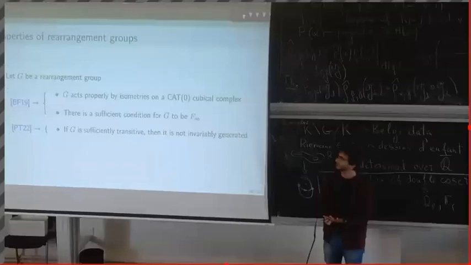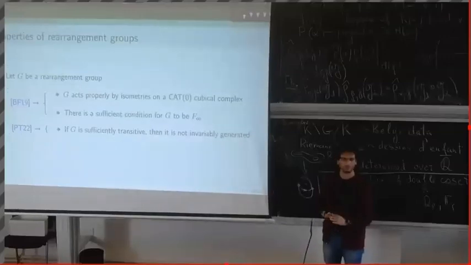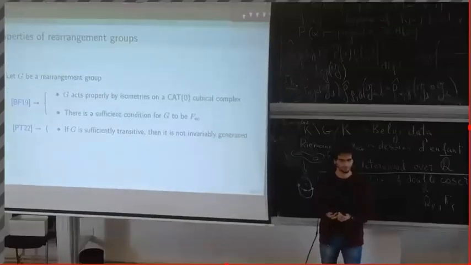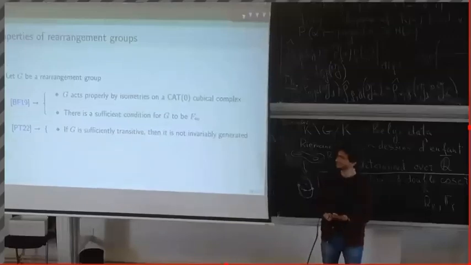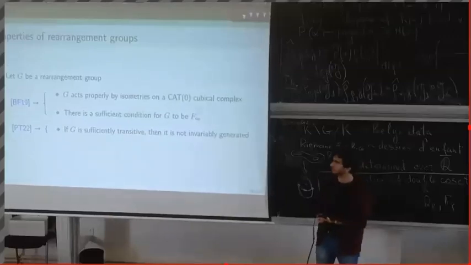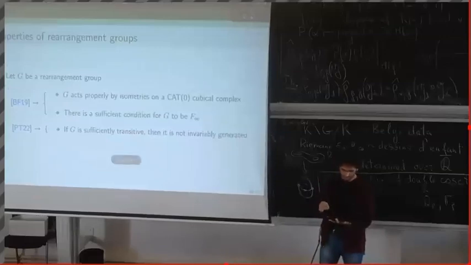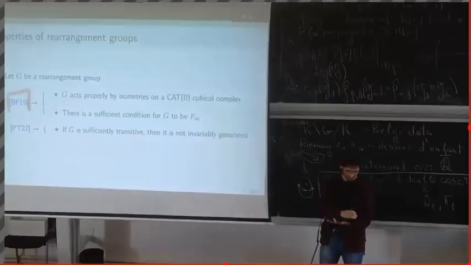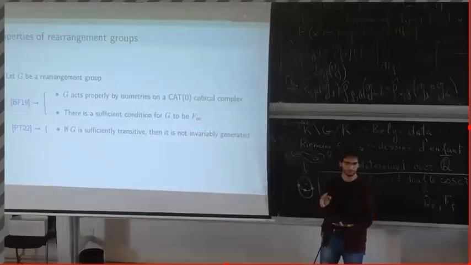And now, let's forget about TA and TB for a few minutes. These are results about the commutator subgroups of rearrangement groups in general. And there are not many because we don't know that many things right now. The first two results here are due to Belk and Forrest in their paper in which they introduced these groups.